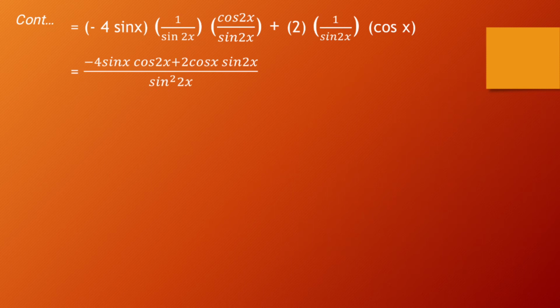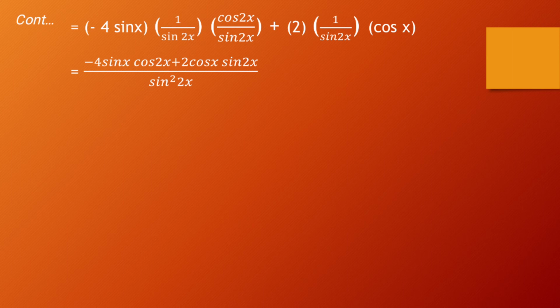Okay, so we'll just have to distribute. Distribute those: negative 4 sine x times 1 over sine 2x times the quantity cosine 2x over sine 2x. And of course, to solve for the sum, we're going to get the common denominator, which is sine squared 2x.